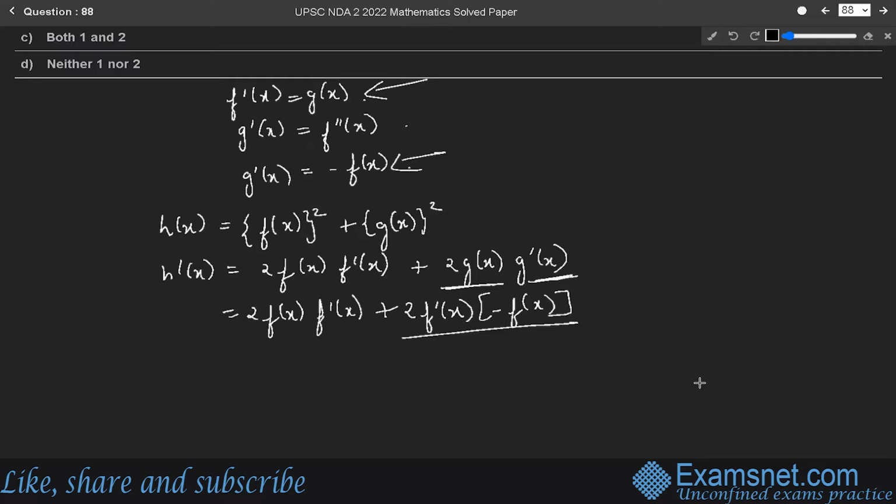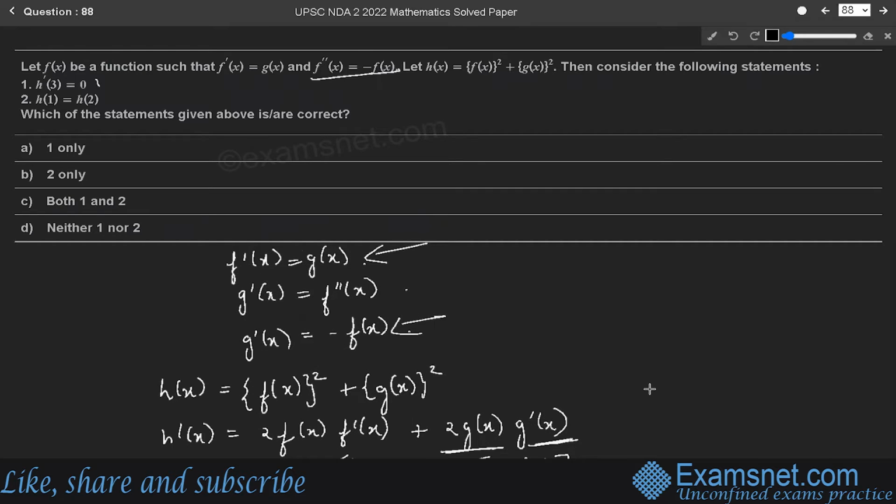So this whole term will be negative, and you can see that both the terms are equal. So h dash x will be equal to 0. Since h dash x is equal to 0, it will always be 0 for any value. So we can say that the first statement is correct.